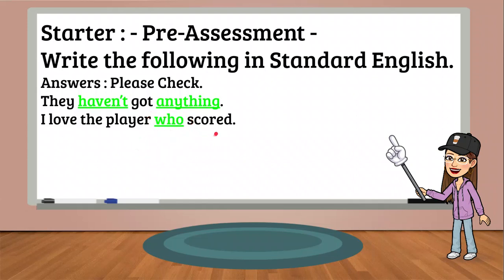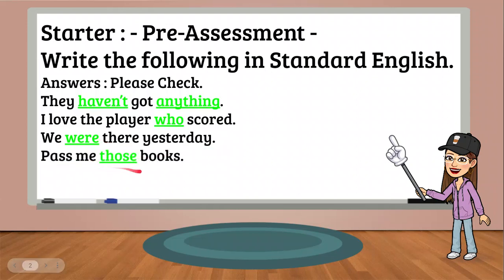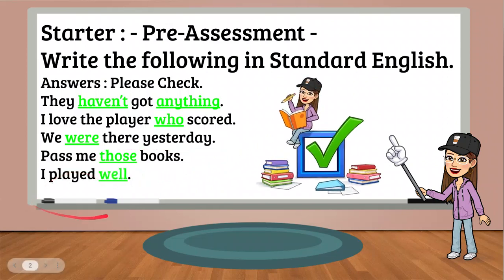What changed into who. We were there yesterday. Was changed into were. Pass me those books. Them changed into those. I played well. Well has changed from the word good.